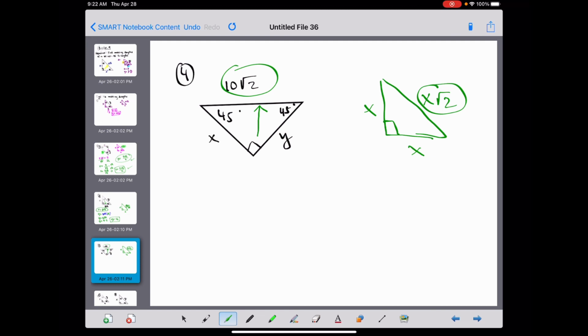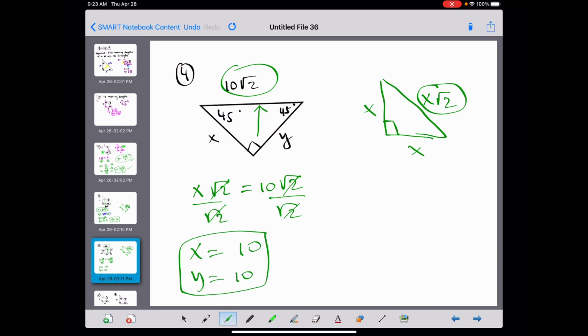So we're just going to say that x square root of 2 equals 10 square root of 2. So to get x by itself, we divide both sides by square root of 2. That cancels out, and then this cancels out. Then x is 10. If x is 10, then y has to be 10 because both sides are the same. Okay, and that's it.